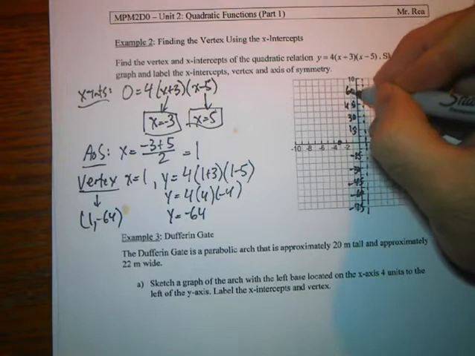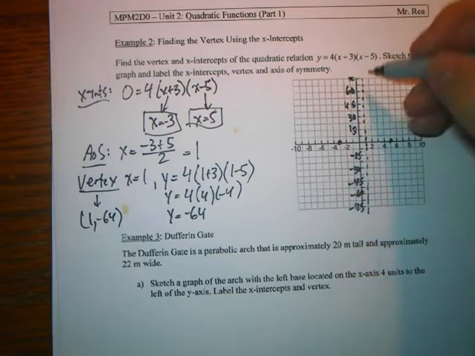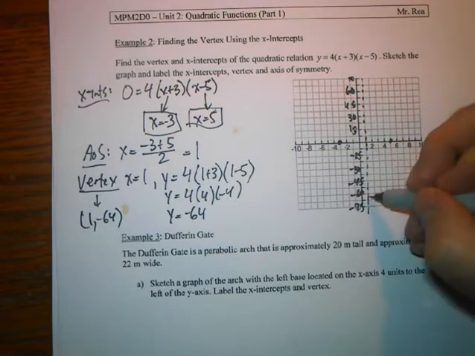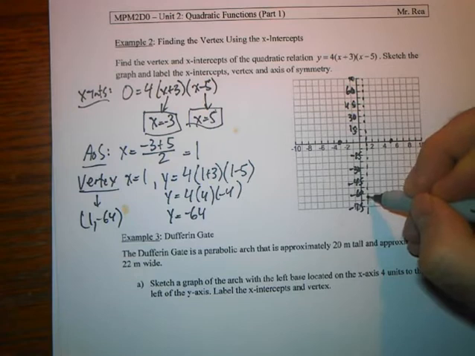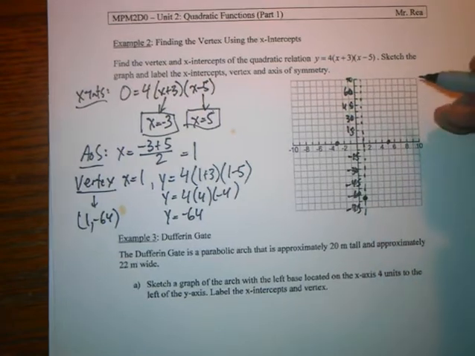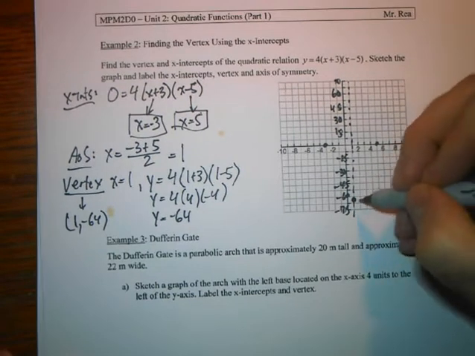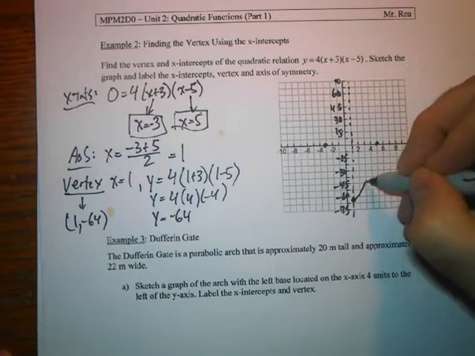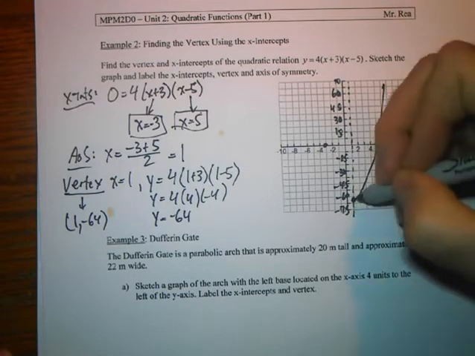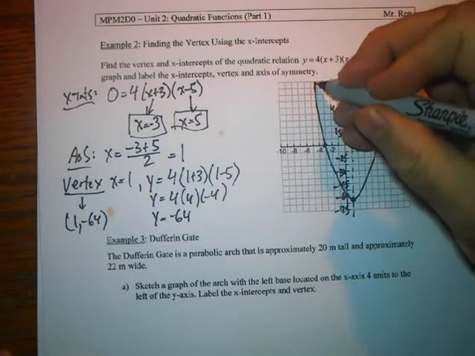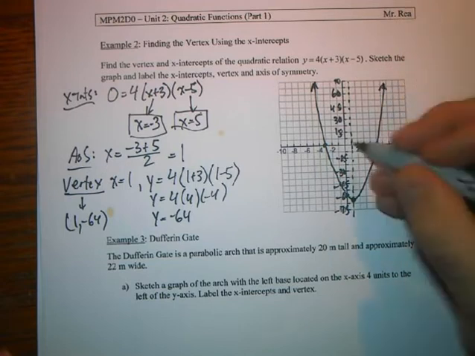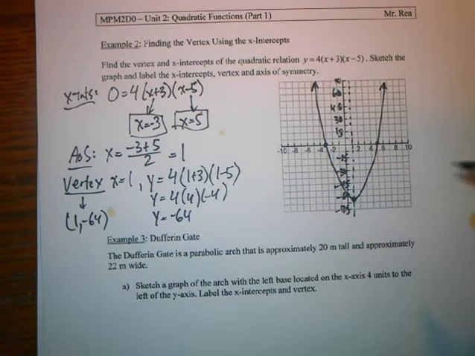Okay, so we know it's negative 64, which is somewhere down here. And again, it looks similar to the last graph, but it is different because of the scale. So again, I'll do my nice smooth parabola. Don't forget to put arrows at both ends because it does go on forever.